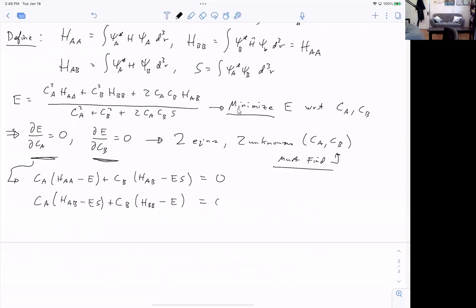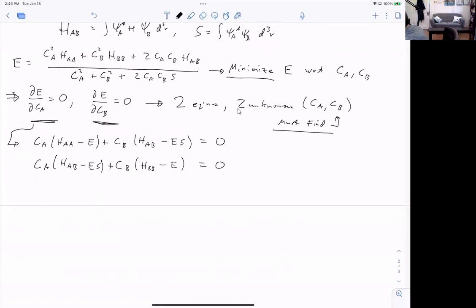equals 0. Now, the reason I wrote it like that is because that should suggest a matrix formulation, because when you look at that, it looks like a matrix equation. So let's just turn it into a matrix equation. It's really easy to see that those two equations can be written in matrix form like this.